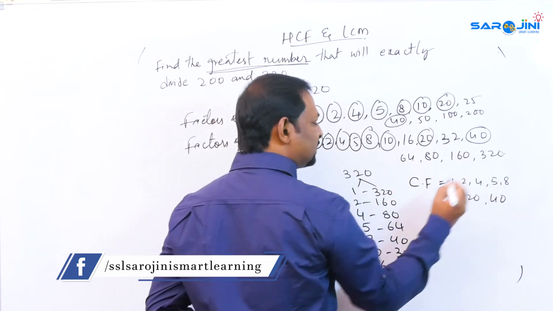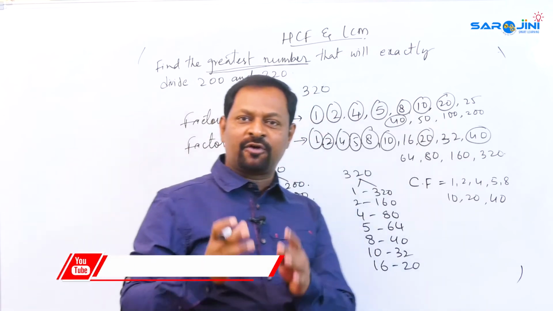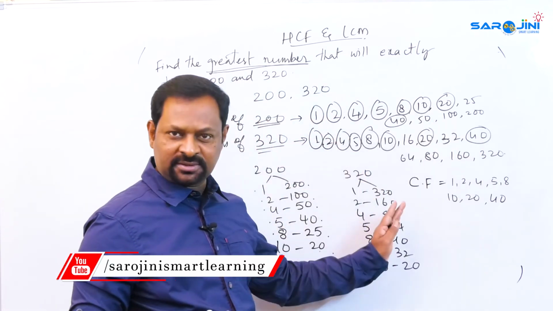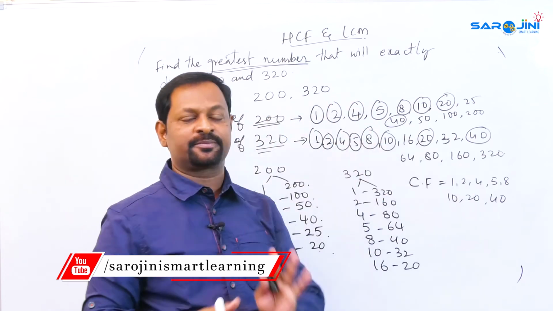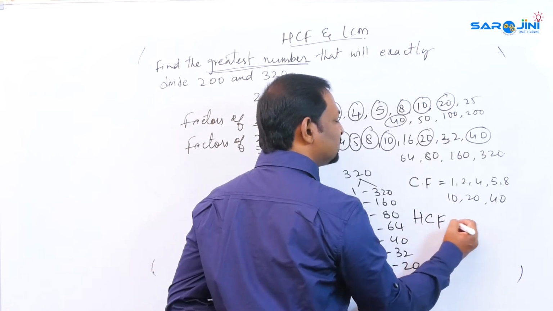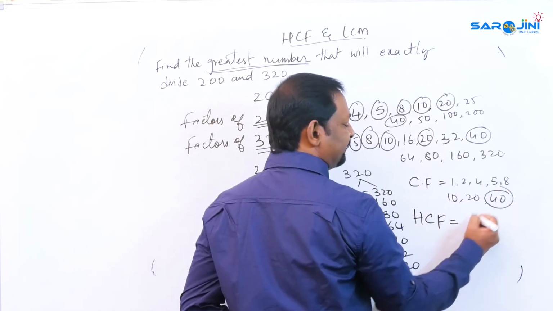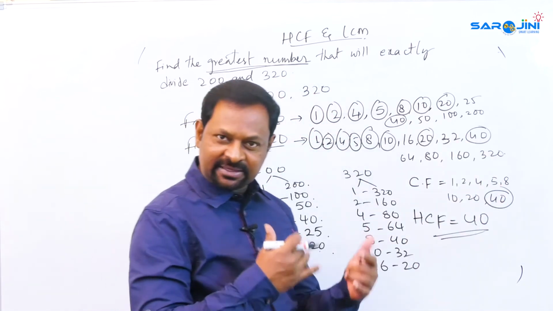So the numbers 1, 2, 4, 5, 8, 10, 20, 40 are the common factors of the two given numbers, that is 200 and 320. Now among these, what is the highest common factor? The highest number is 40. So this is the answer. This is method 1.